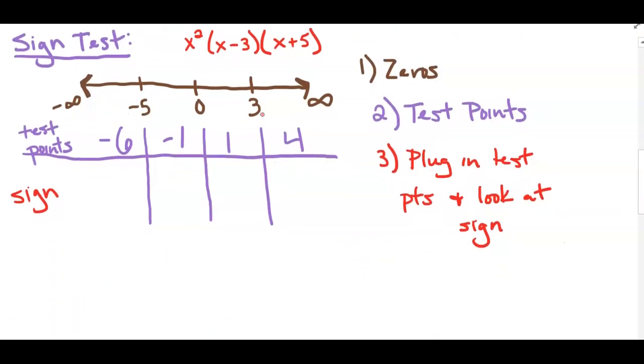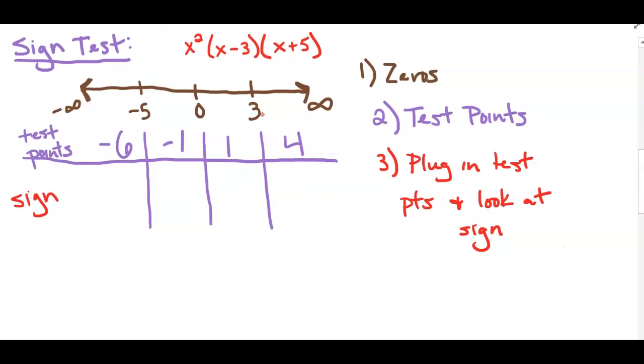And so I went ahead and wrote my polynomial here for myself, just because I can't see it on my screen right now. And so all I need to do is think, hey, when I plug in -6 into this first factor, x squared, do I end up getting a negative number or a positive number? Well, -6 times -6 gives me positive 36. And again, I don't really care about the number.